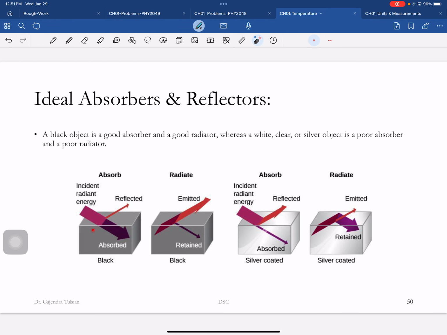So this is showing you that an object that is a good absorber, that is, it can absorb all kinds of wavelengths falling on it, is also a good emitter. An object that cannot absorb radiation, so it's reflecting it, is also a bad emitter.